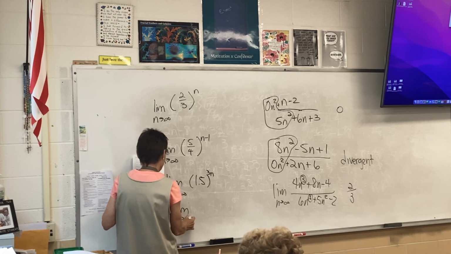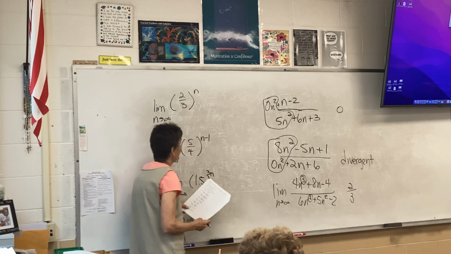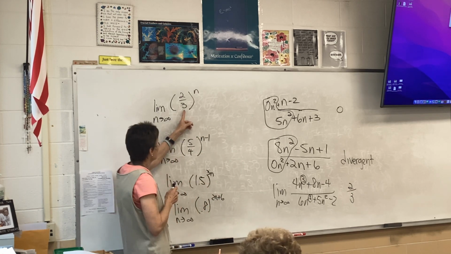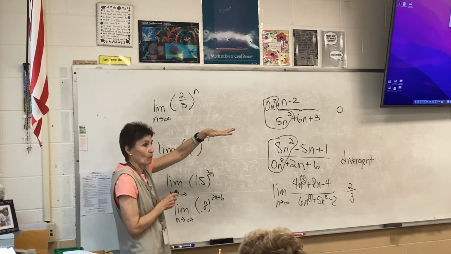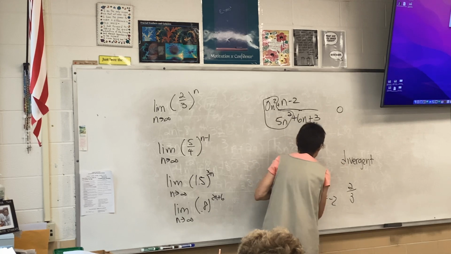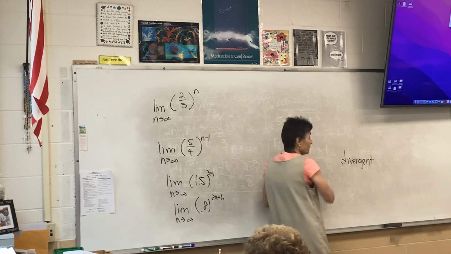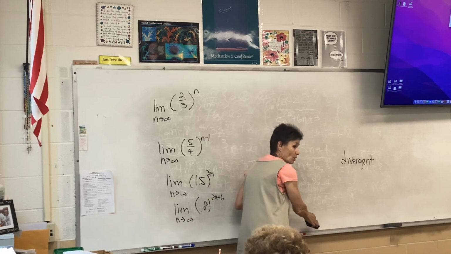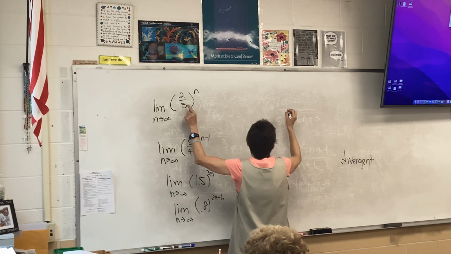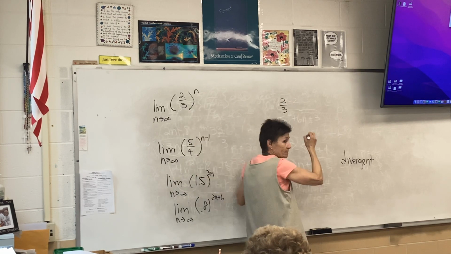Okay, so here we go. We're going to find the limit. Now, when I say 2/3 to the nth power, what numbers am I talking about? To help me figure out the limit, if I put n equal 1, I would get 2/3.